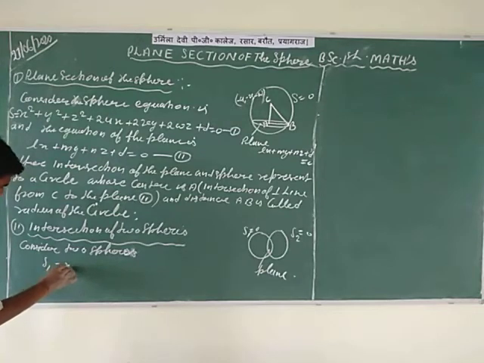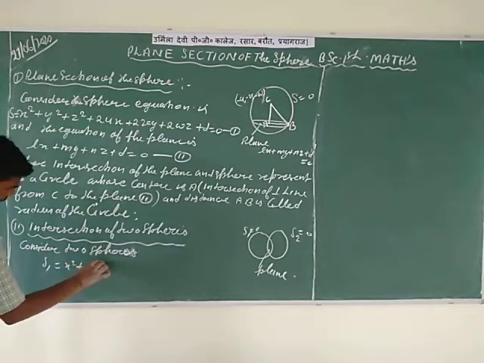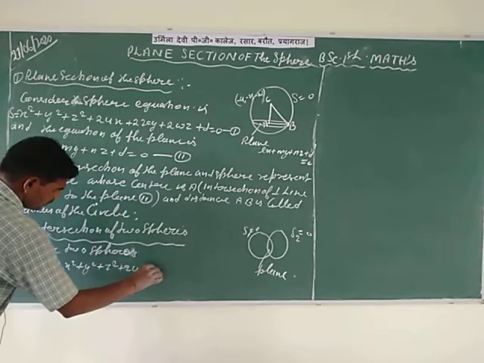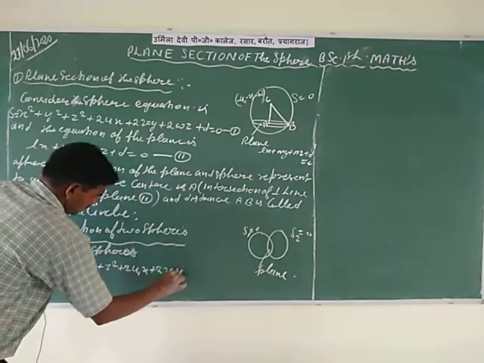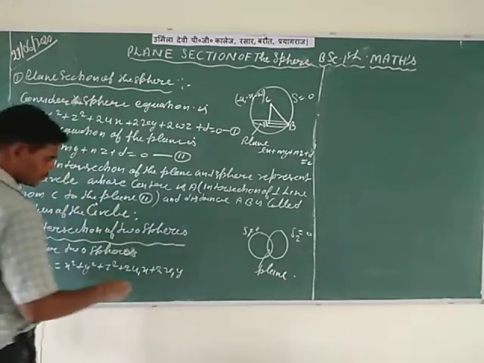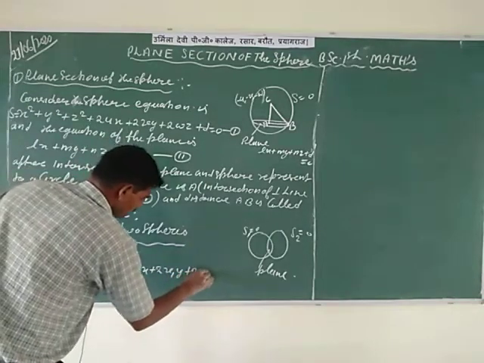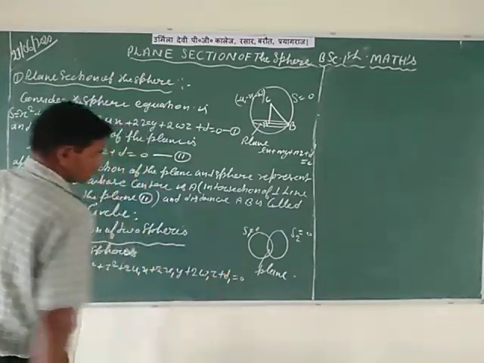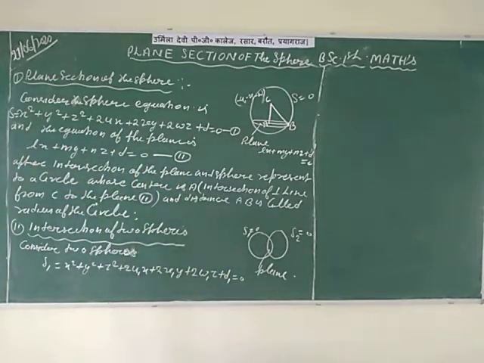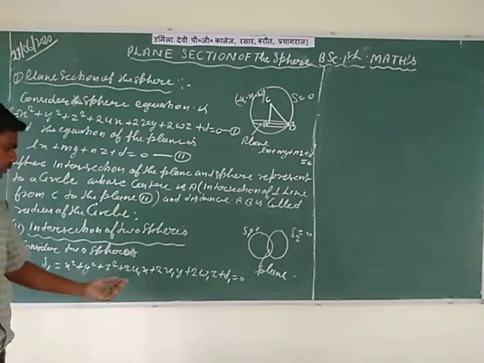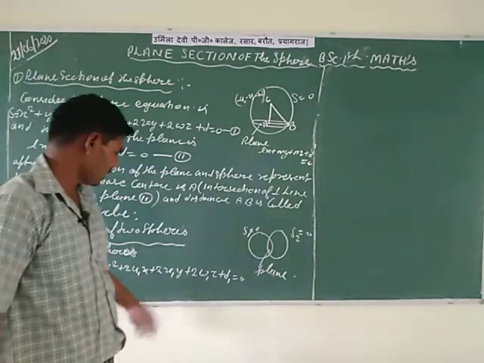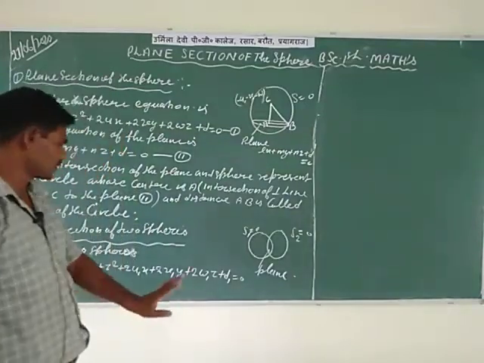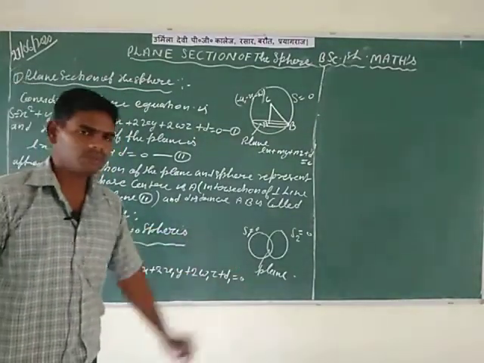S1 is equal to x square plus y square plus z square plus 2u1x plus 2v1y plus 2w1z plus d1 is equal to 0. So this is the general equation of the sphere. Here in S1, u1, v1 and w1 and d1 are constants. So this is the first equation of the sphere, means S1 is equal to 0.